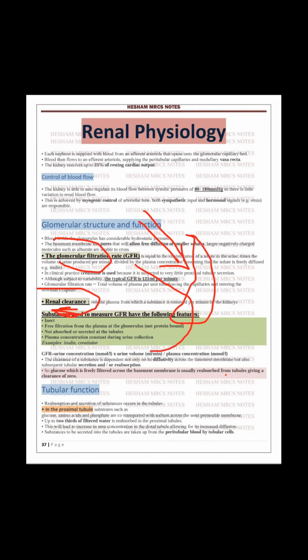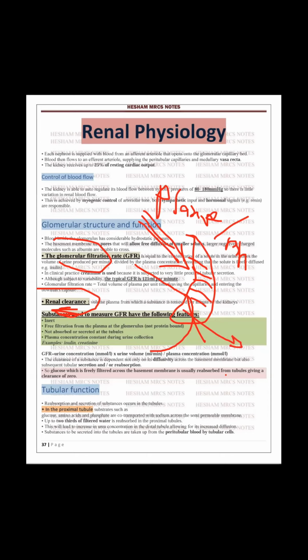Again, glomerular filtration rate is the total volume of plasma passing from the capillaries to enter the Bowman capsule per minute, while renal clearance is the volume of plasma which is cleared of a substance by the kidney per minute.